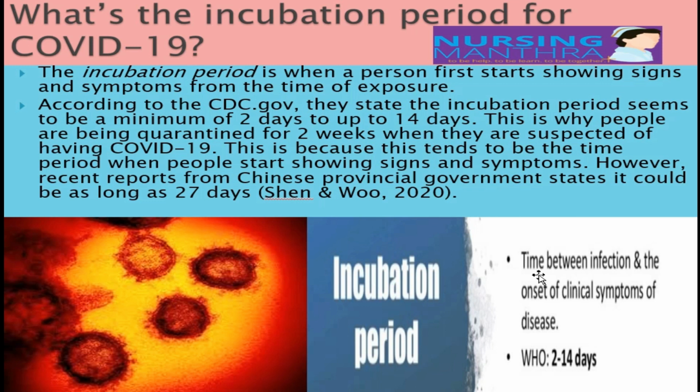However, recent reports from a Chinese provincial government state it could be as long as 27 days. The time between infection and the onset of clinical symptoms of disease is the incubation period. As per WHO, it is 2 to 14 days, and as per the CDC, 2 to 14 days is the incubation period of COVID-19.